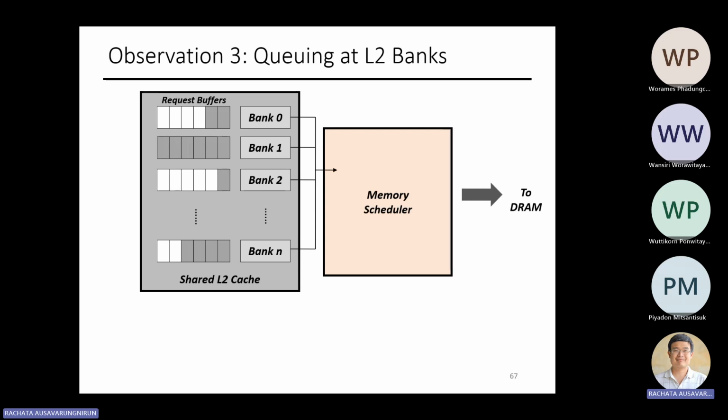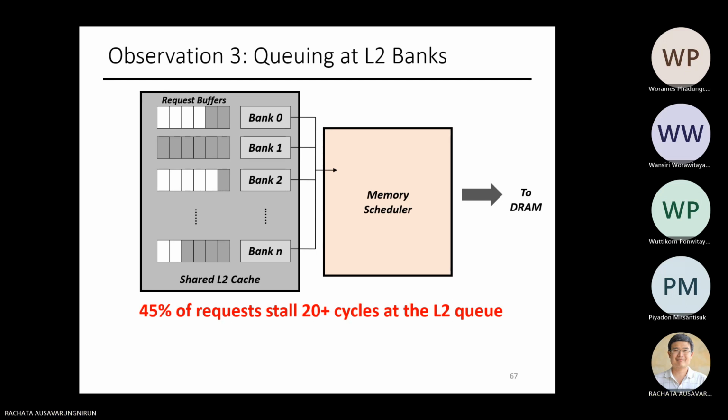So these banks will be queued up and the buffer is going to get full. When you have to queue up like this, most of the time you're not spending at the bank, you're spending at the queue, waiting in line to be serviced. So we found that close to half of every single request has to wait more than 20 GPU cycles.